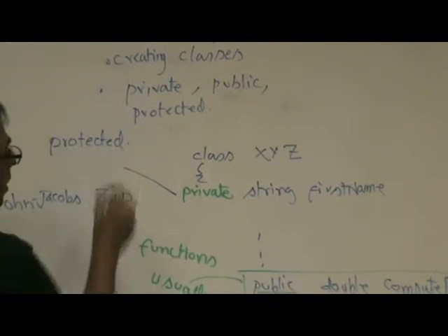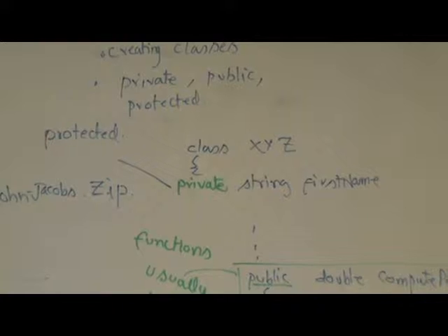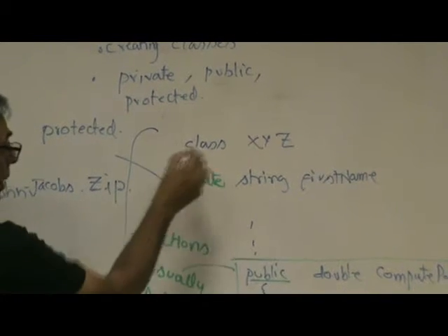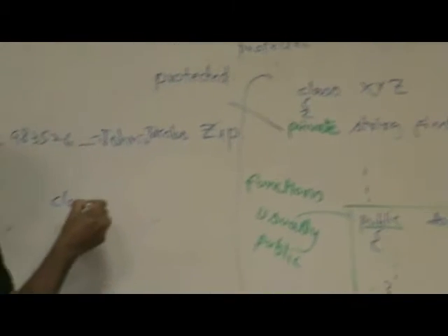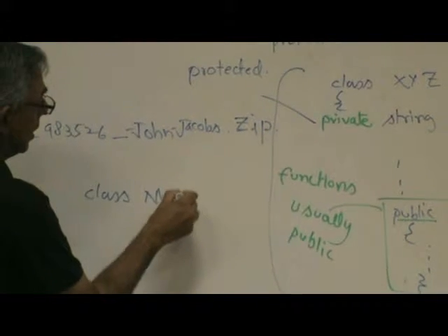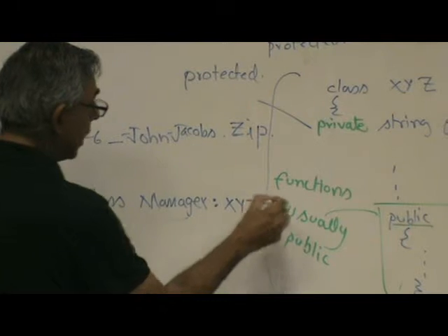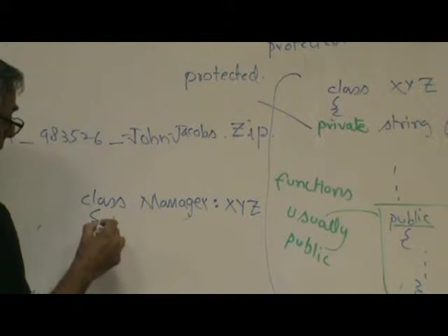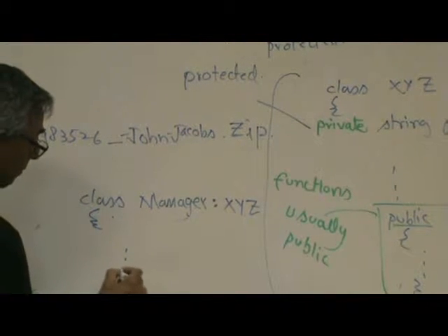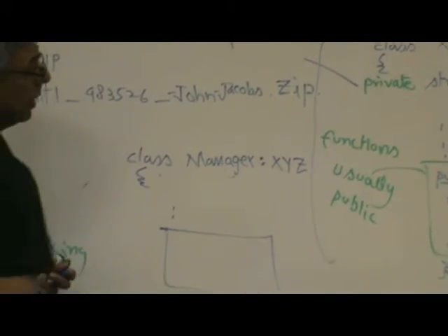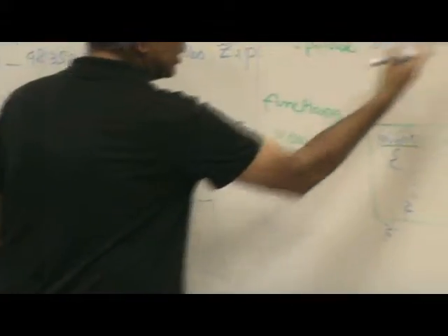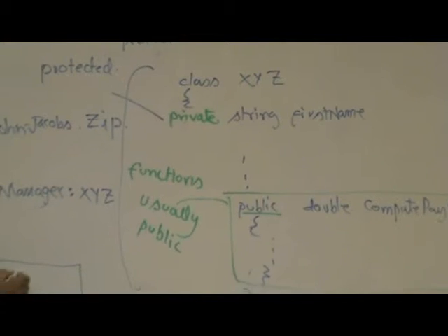When it has to be accessed outside of the class. So if there was a derived class, for example, we created another class called, let's say, manager, and it inherits from XYZ, and somewhere over here we have some function, let's pretend, and this function wanted to access the first name.